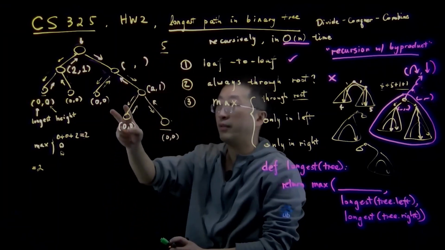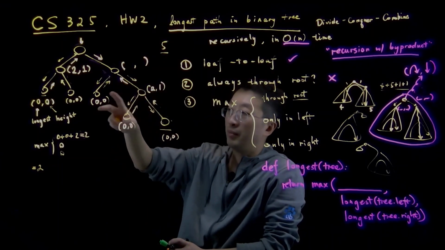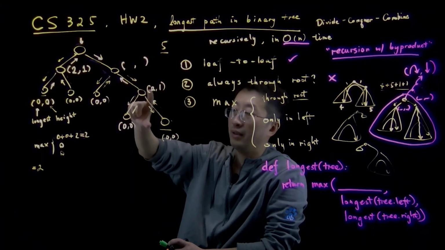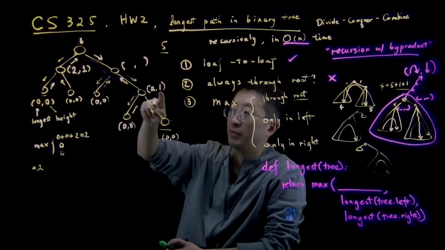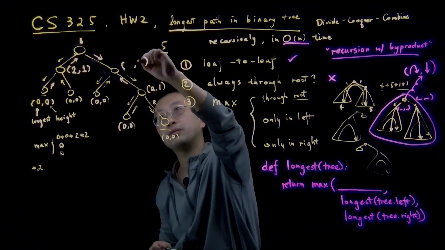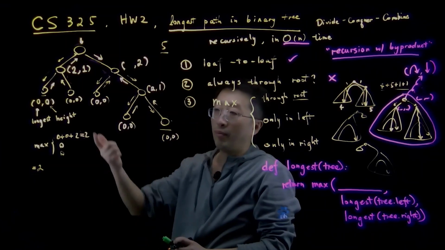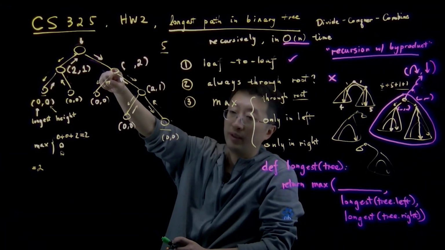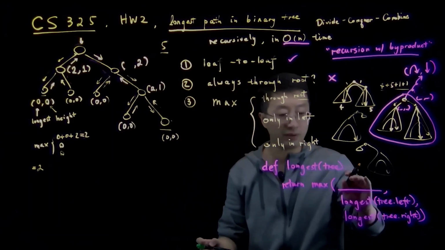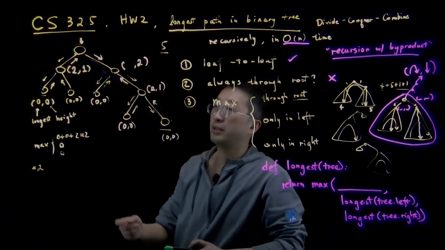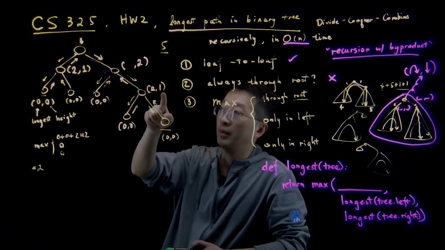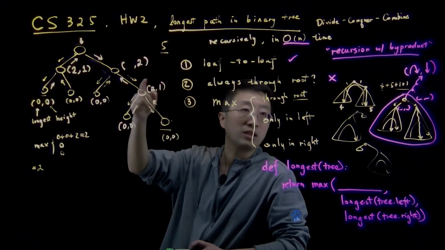Let's solve the height first. Height is clearly this number plus 1, because this is the deeper subtree between the left and right. So this one plus 1 is 2. And what's the maximum length of the path within this subtree? Well, there are 3 cases. The first is the height of 0 plus the height of 1 plus 2.